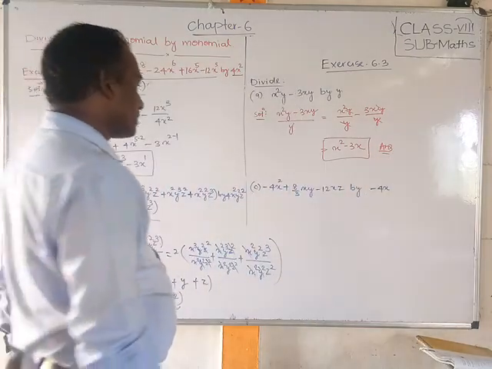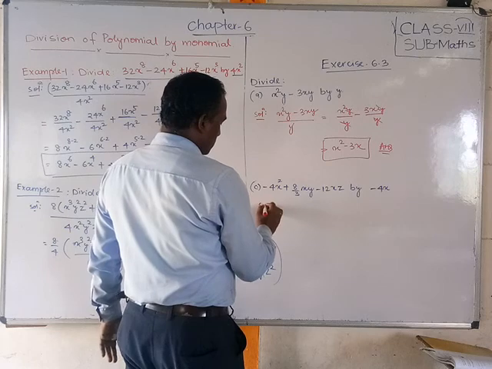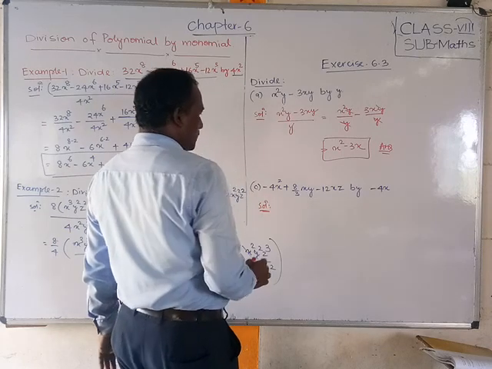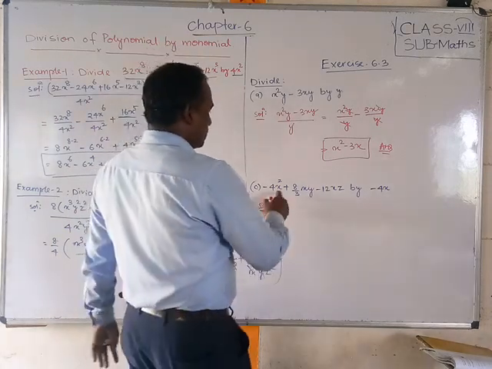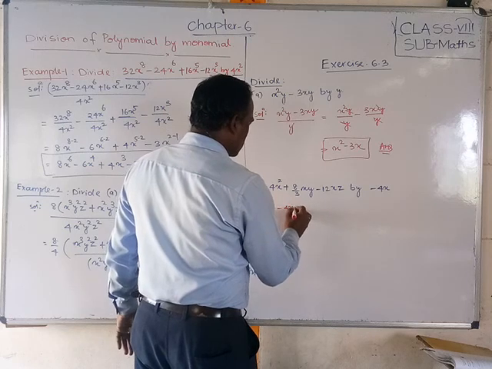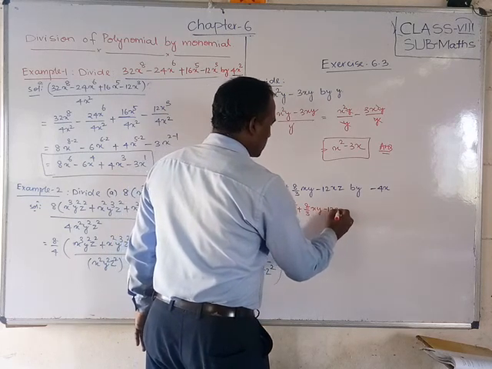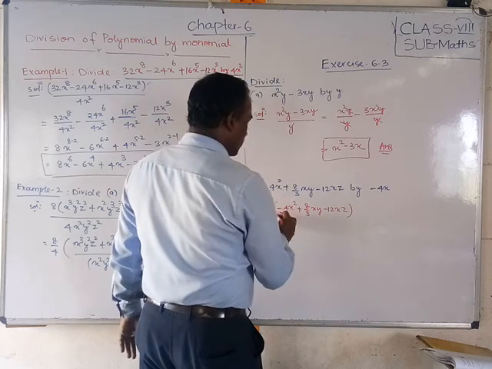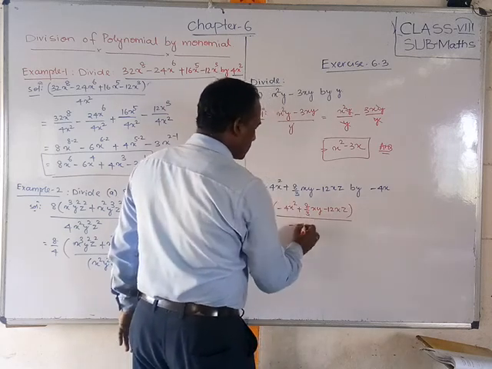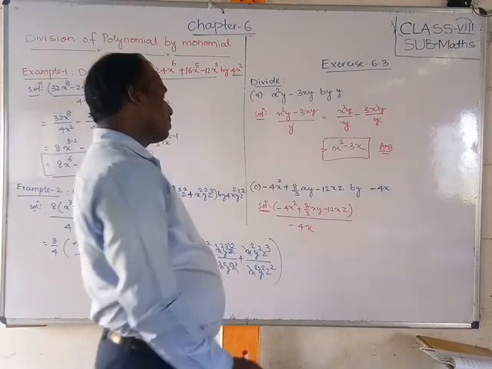Same like this, students, see this one: 4x square plus 8 by 3 xy minus 12 xz, divided by minus 4x. What do you have to do?